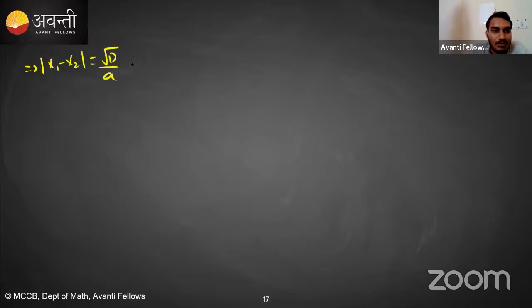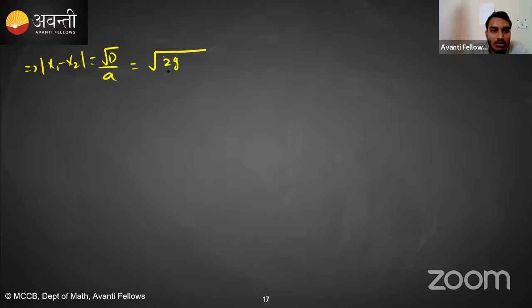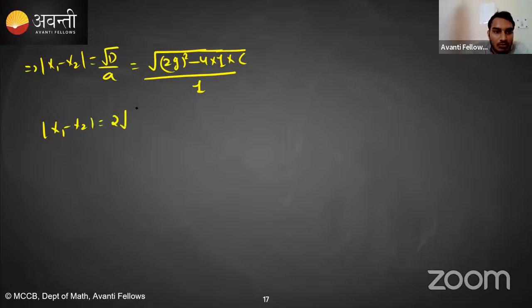What is d? D is nothing but b square minus 4ac. So 2g whole square minus 4, where a is 1 and c is c upon 1. So this is nothing but 2 times under root of g square minus c.